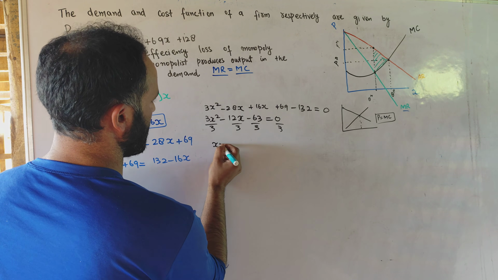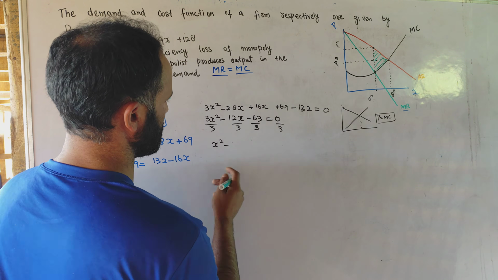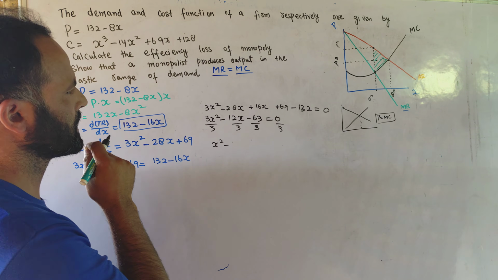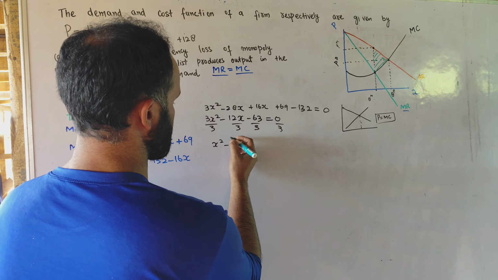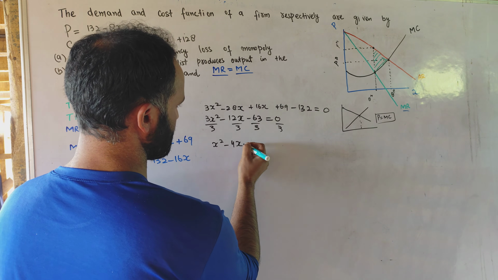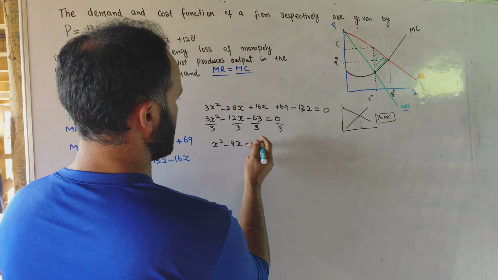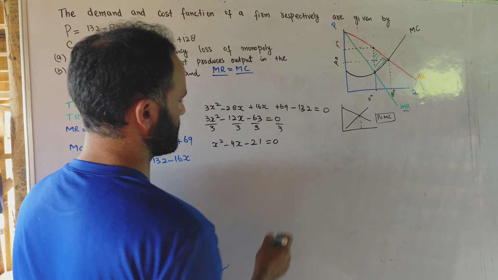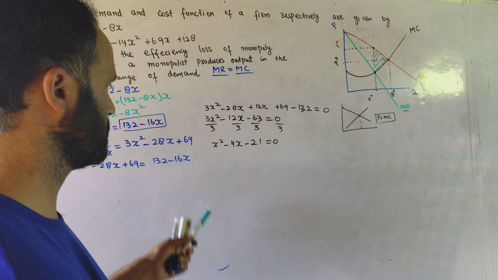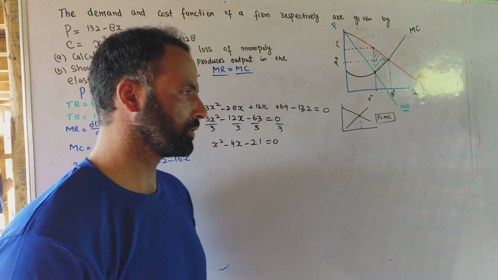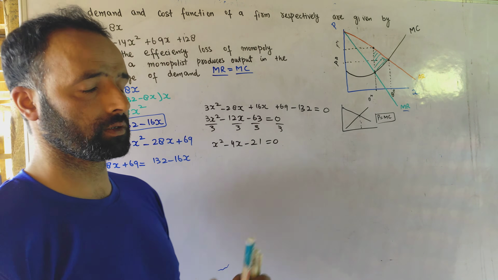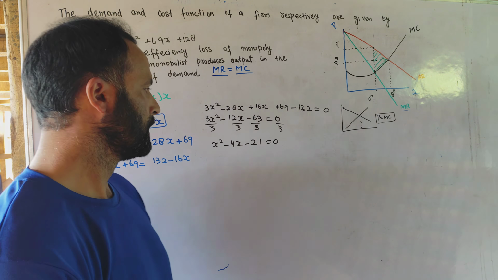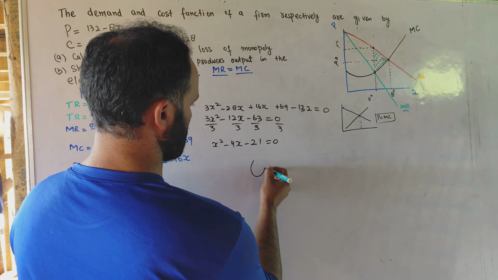So we get x square minus 4x minus 21 equal to 0. Now we can solve this by simplifying using the middle term.